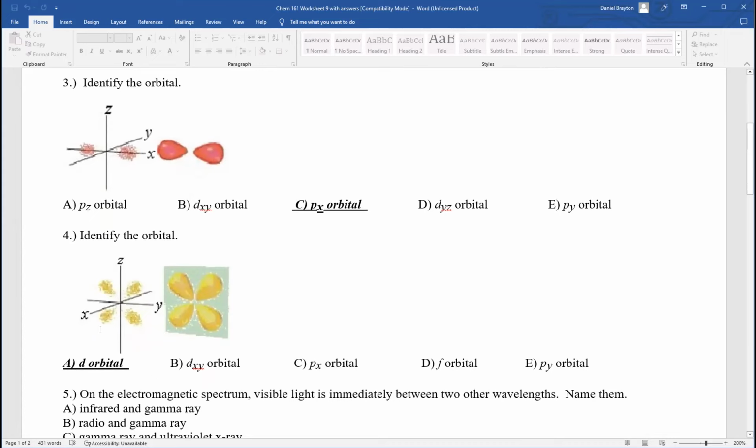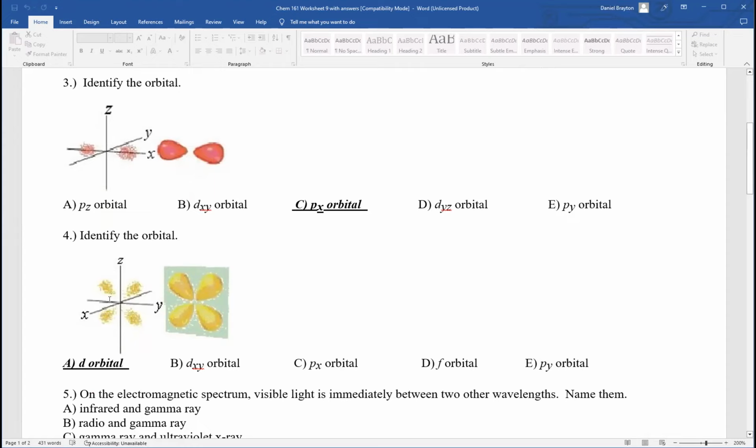4 is a little tough to tell exactly where these lobes are at. Distinguishing between the different types of D, and that's why I just left it as a D, not specifying which one. D, X, and Y. Yeah, I would say at least it has Z character to it, right?